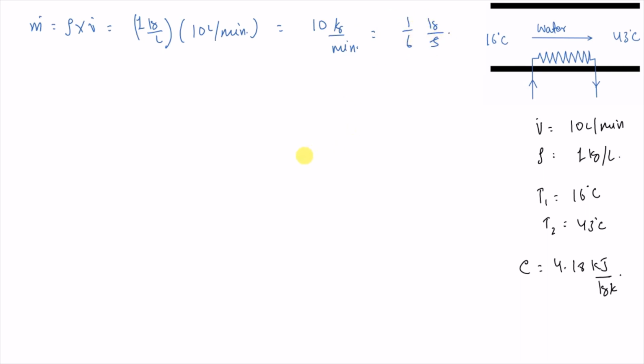Now next, we'll be applying the energy balance equation on our system, that is open system in this case. So we have energy in minus energy out is equals to change in energy of the system.